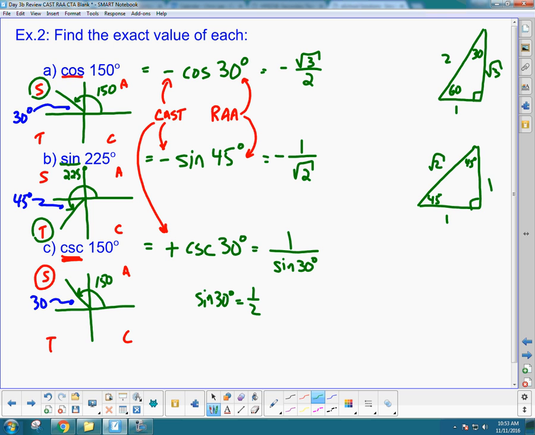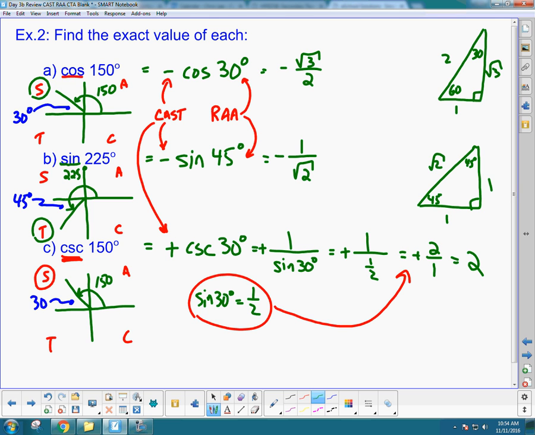Because cosecant is equal to the reciprocal of sine, I could write it like that and go, okay, my answer is positive 1 over 1/2. Or I could do this part off to the side and say, well, 1 over 1/2 means I have to take the reciprocal, and go straight to here and take the reciprocal and say that the answer is positive 2 over 1 or just 2.